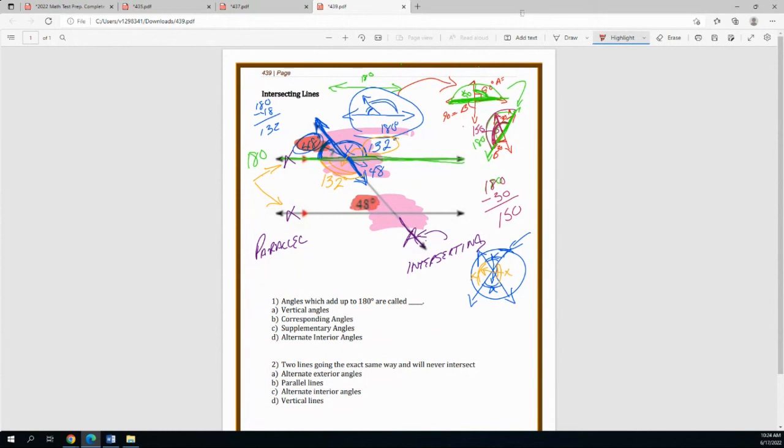Also, that means that the situation that was created on the first line, this green line here that is parallel, is going to be the exact thing that happens here. So if this is 48, then its opposing is 48. If the other side is 132, then the opposing is 132.